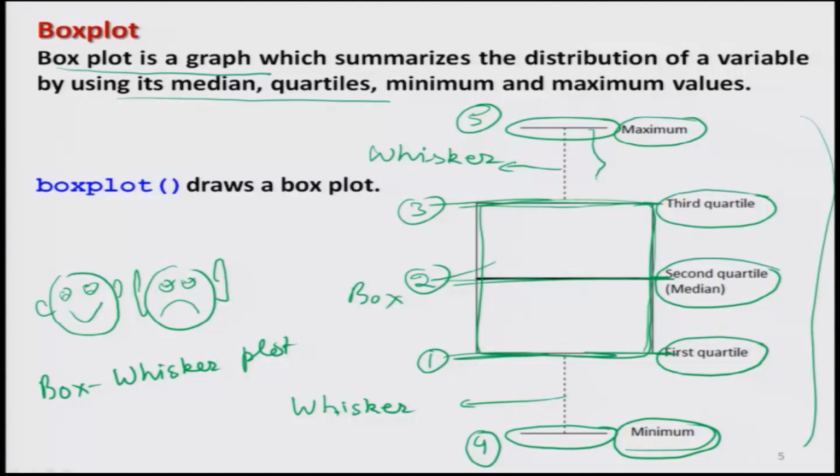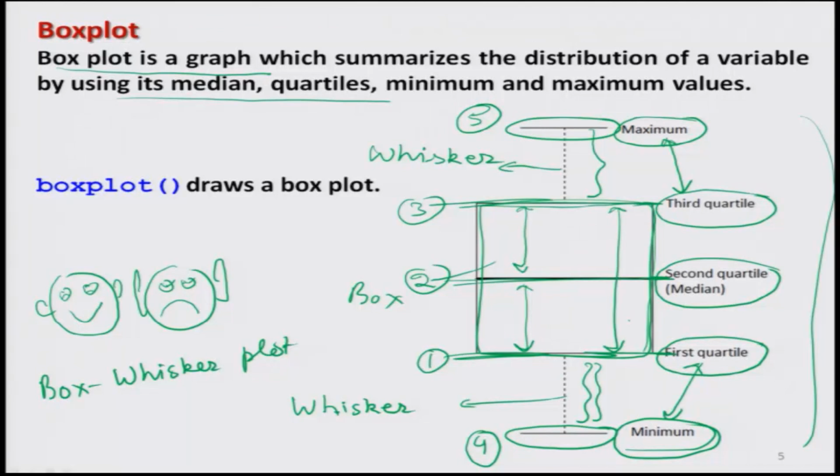And this difference, that is the length of the whisker, is indicating how far the minimum value is from the first quartile, and line number 5 is indicating how far the maximum value is from the third quartile. You can also decide what is the difference between the third and second quartile, what is the difference between the first and second quartile, or even what is the difference between the first and third quartile.